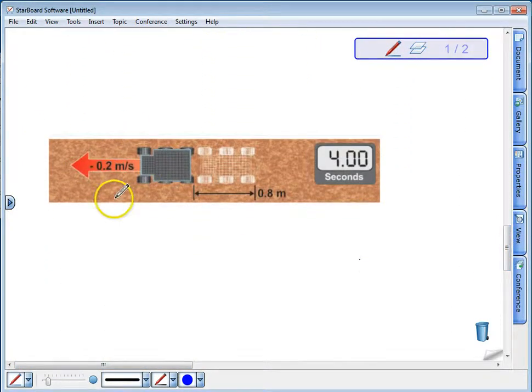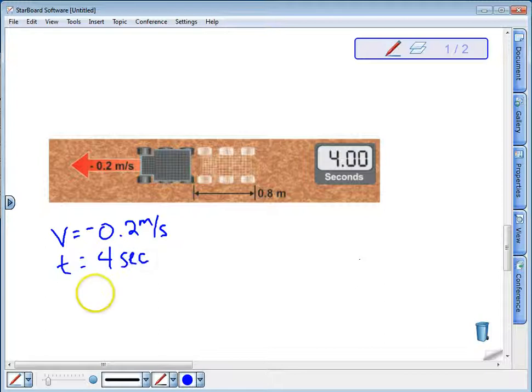You could also say, no, now I'm going a negative 0.2. Right now my velocity is negative 0.2 meters per second. My time is now 4 seconds. So where am I now from where I started? Let's plug in.